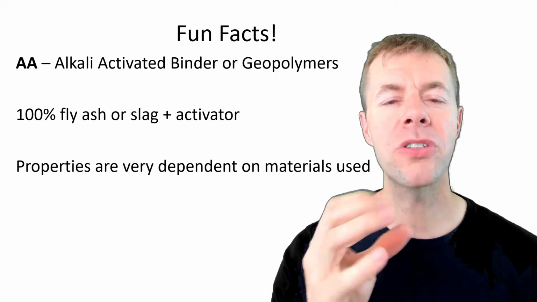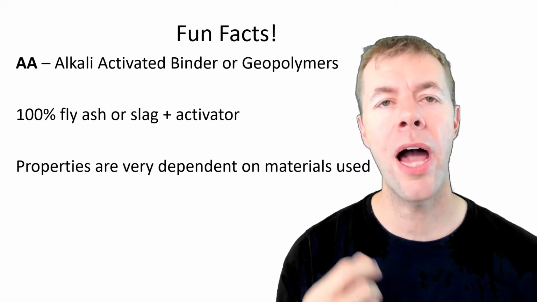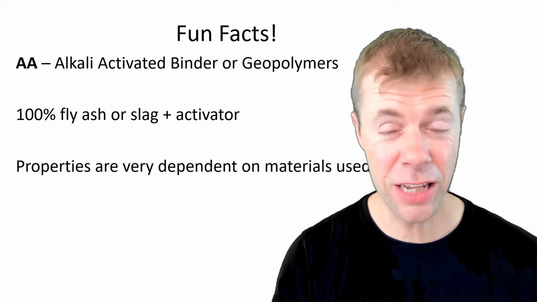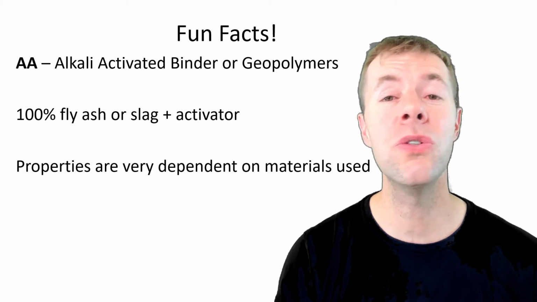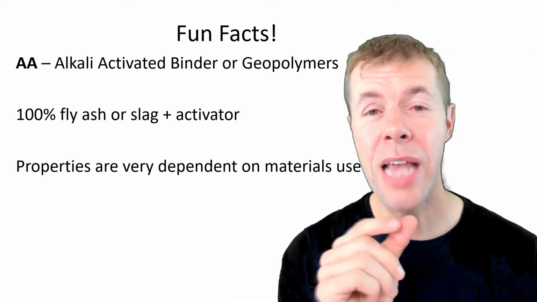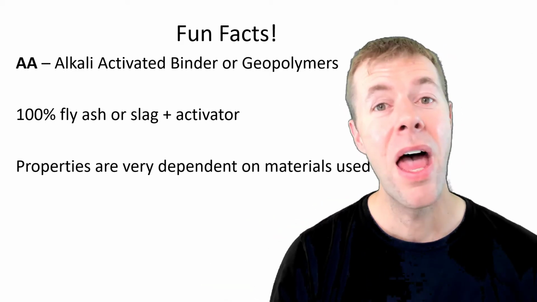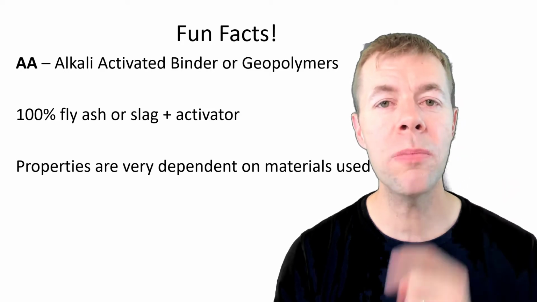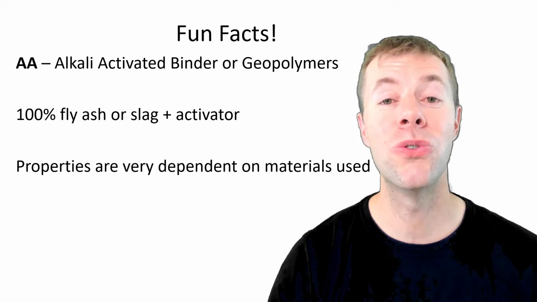They are 100% fly ash and slag plus activator. The problem is you can't use just any fly ash, or just any slag. You need the right materials, and you have to tailor that to the right activator. And a lot of that's still being studied right now. And the properties are extremely dependent on the materials used to make them.